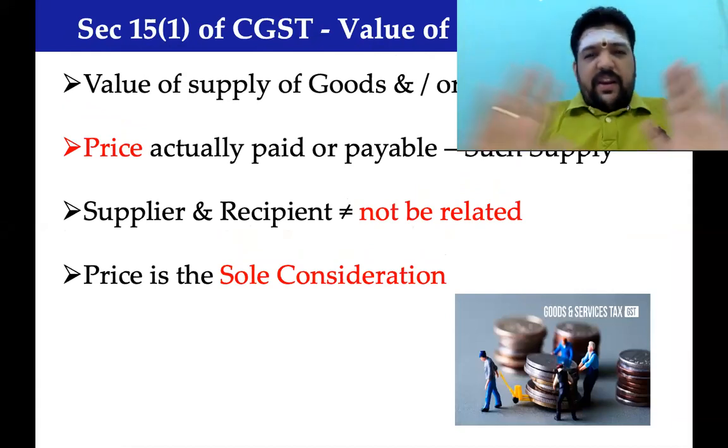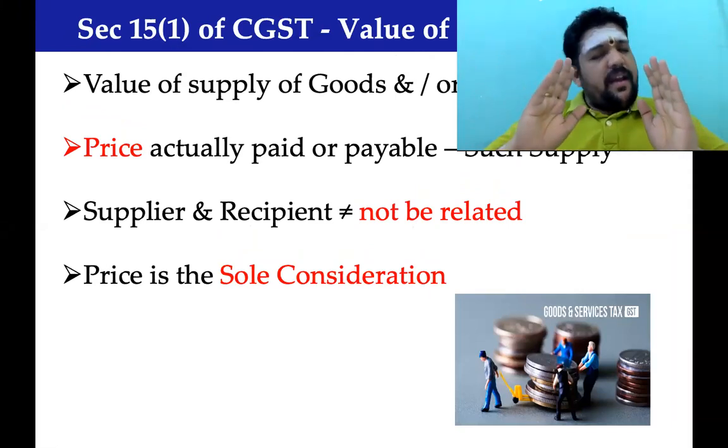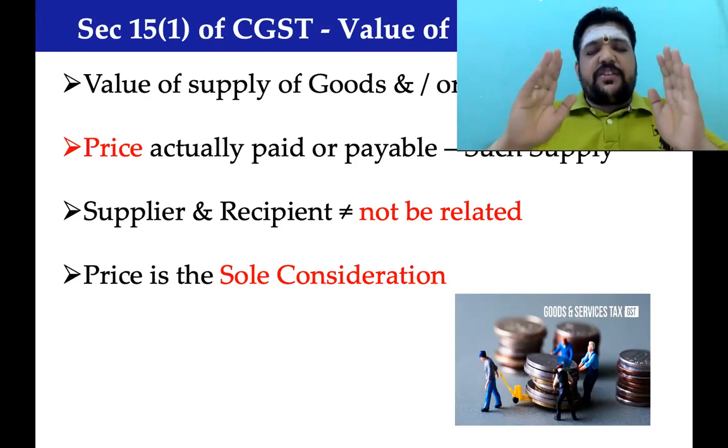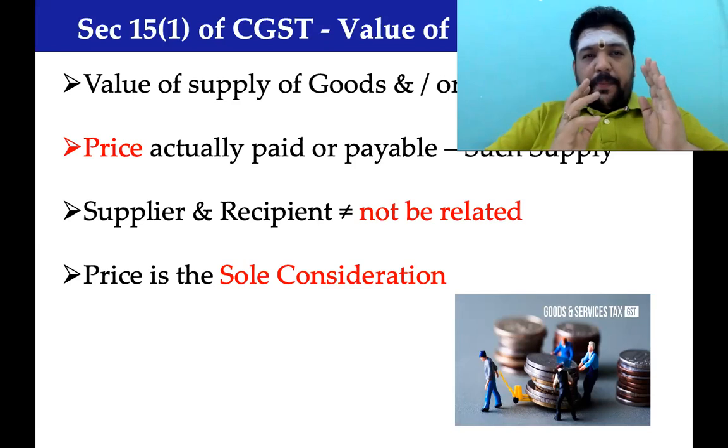I need not refer anywhere else. Plain section 15.1 will satisfy me, and on the value determined under section 15.1, I will pay tax to the government. That is what section 9 of CGST Act or section 5 of IGST Act conveys. Kindly understand that interplay.